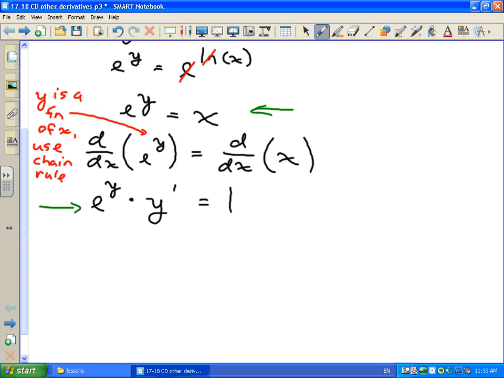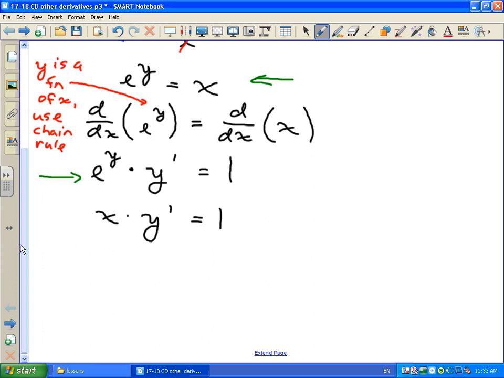So if we sub that in down here, we get that x times y prime is 1, or y prime is 1 over x. And there's our derivative. So y prime equals 1 over x when y equals ln x. Okay? So the derivative of ln x is just 1 over x.